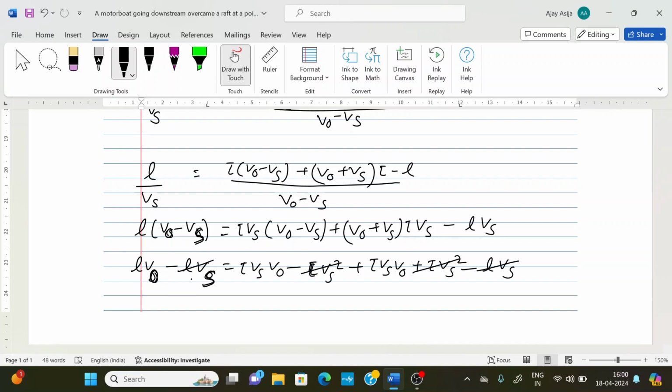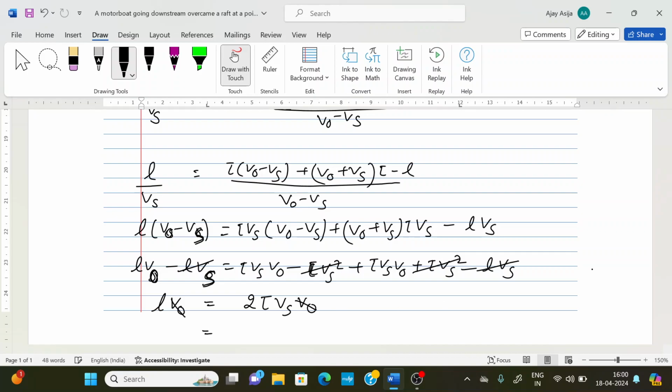We are left with L V naught equal to 2 tau Vs V naught, and V naught also cancels out.